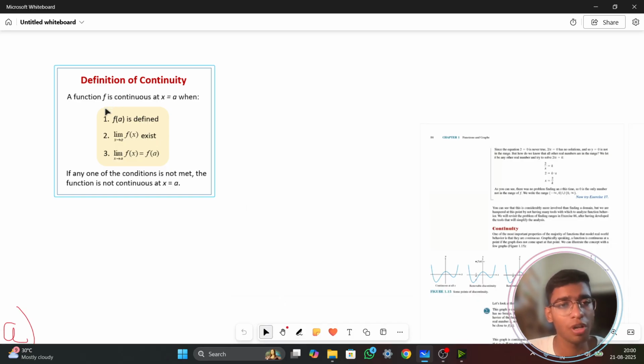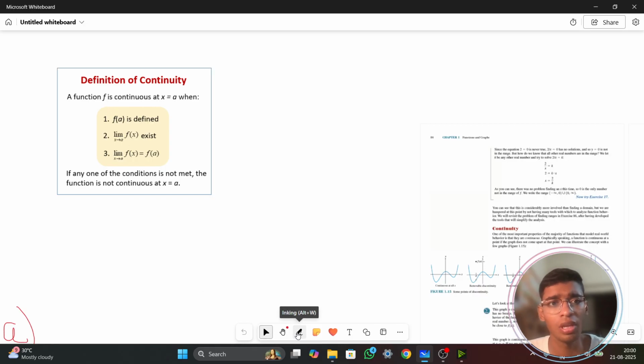That is a function f, where f can be any function: f equals sine x, cos x, x square, or y square if you're taking f of y equals y square. It can be any function in any variable which you're talking about.